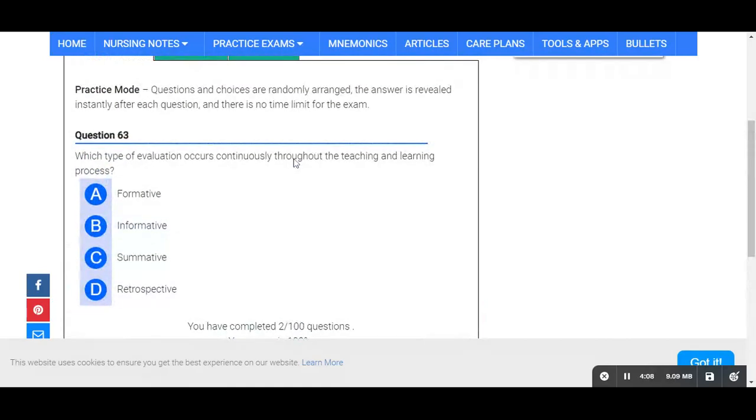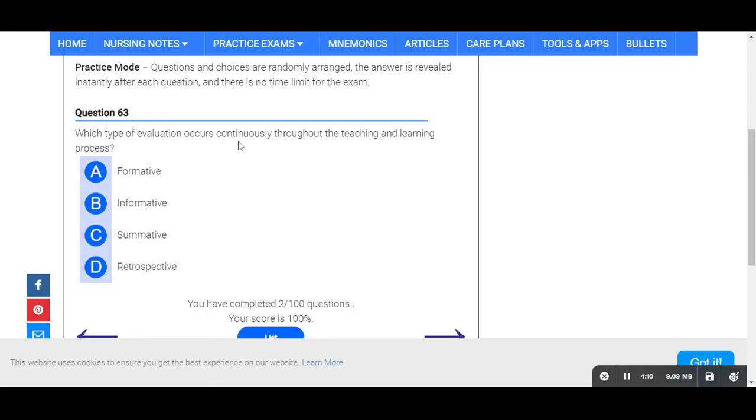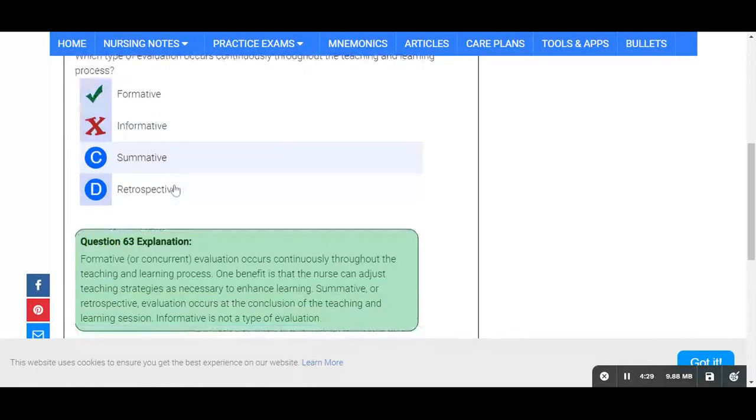Next one. Which type of evaluation occurs continuously throughout the teaching and learning process? Formative, informative, summative, and retrospective. Okay, it's formative.